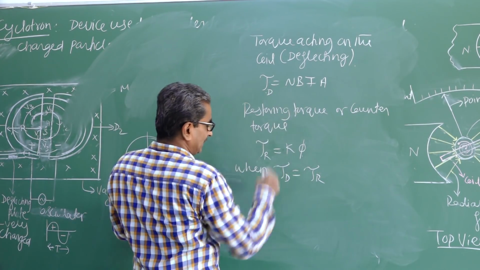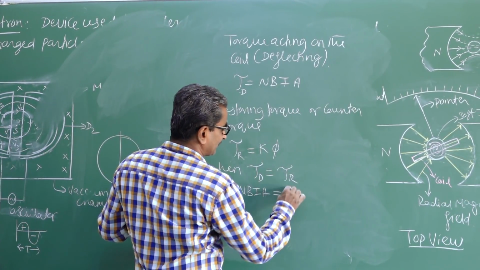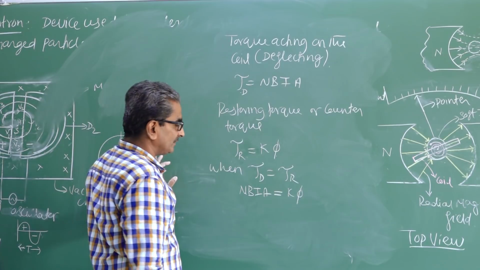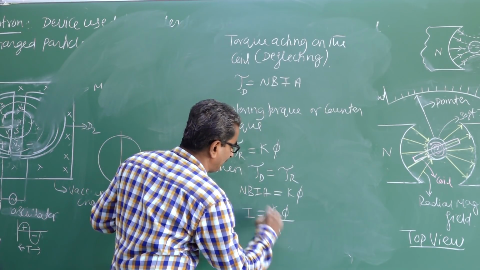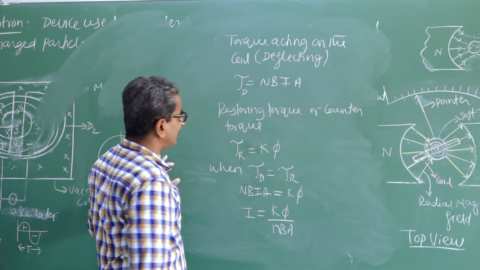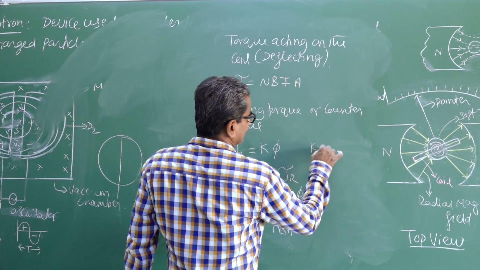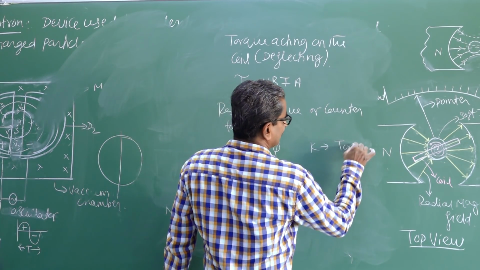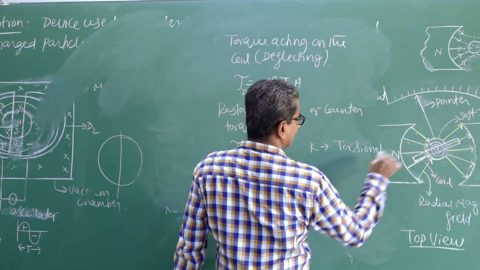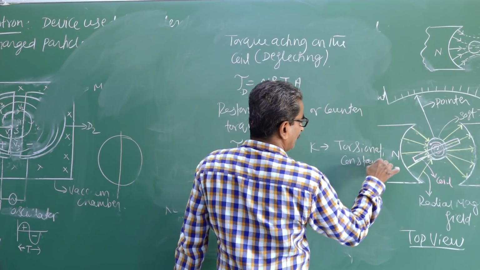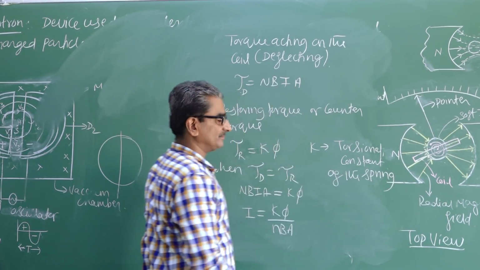Substitute for this. NBIA is equal to tau r, means k into phi. Then what is I? I equals k into phi divided by NBA. What is k called as? Here k is known as the torsional constant of the spiral spring.